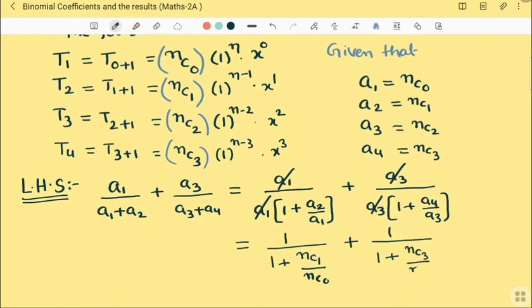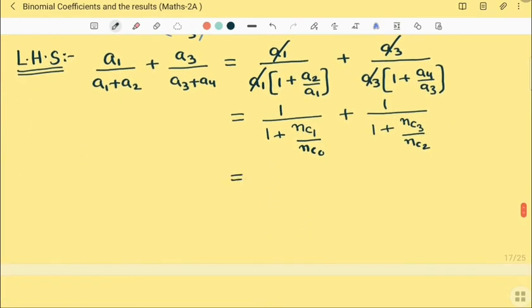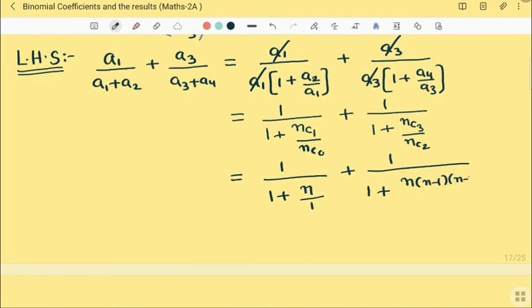divided by nC2. Now simplification step, which is equal to 1 by 1 plus nC1 is n, nC0 is 1, plus 1 by 1 plus nC3, n into n minus 1 into n minus 2 divided by 3 factorial. 3 factorial means what? 6, by nC2, n into n minus 1 divided by 2 factorial, so 2.